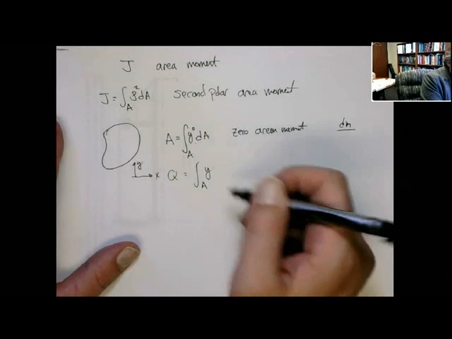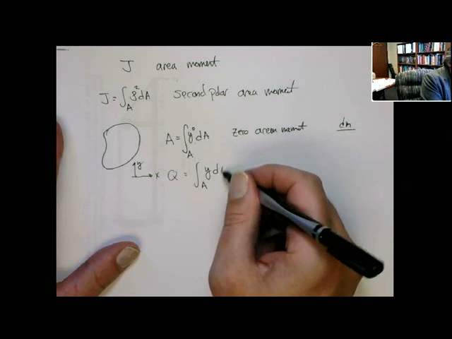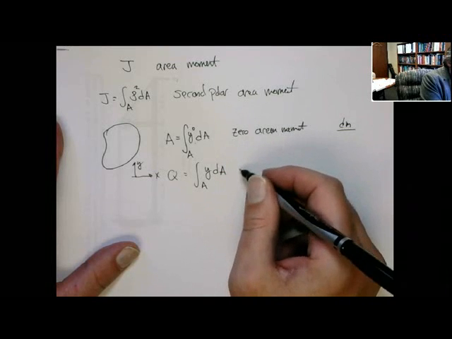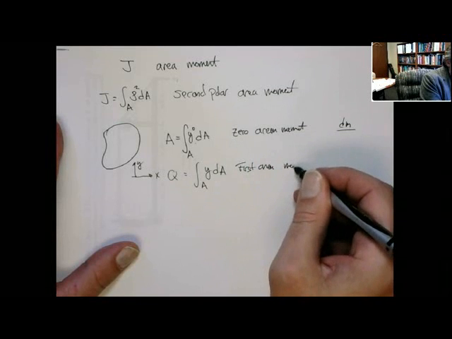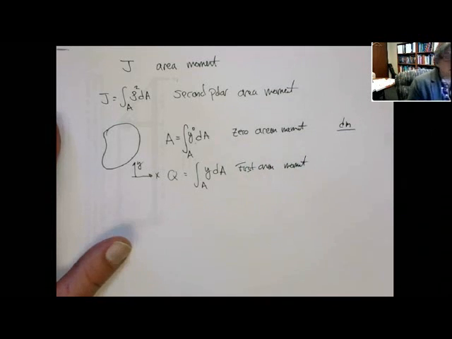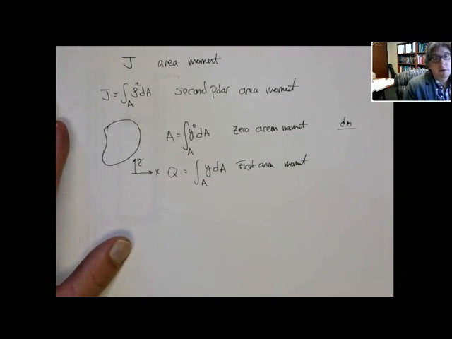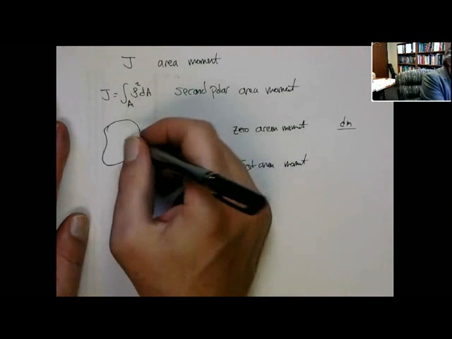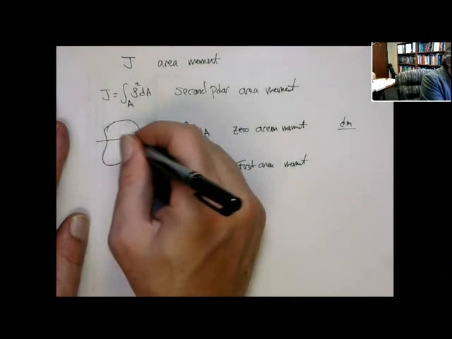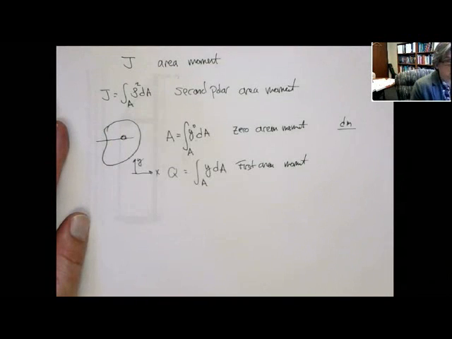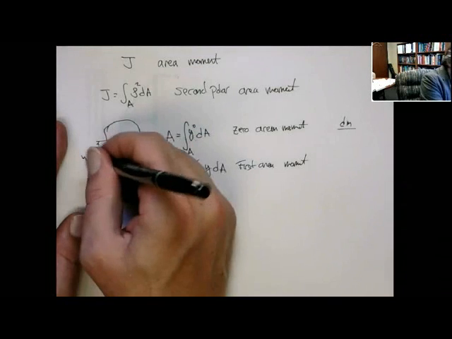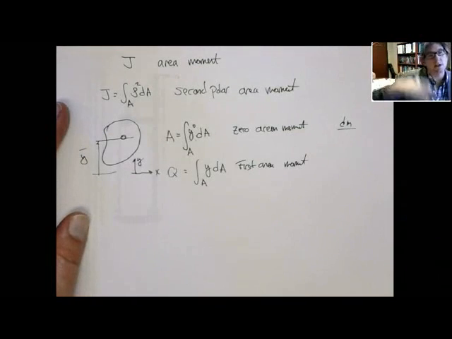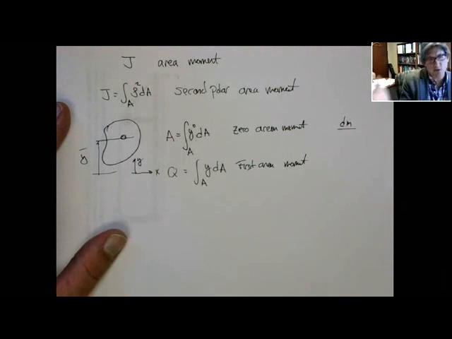Now, you can also imagine the first area, I'll call this Q later on, where it would be y to the first power. You see this when we talk about finding the centroid. For example, let's say you want to find the location of the centroid of this shape, and it's denoted by this distance here, y prime. That's at least the distance to the y center. You can also do x prime.